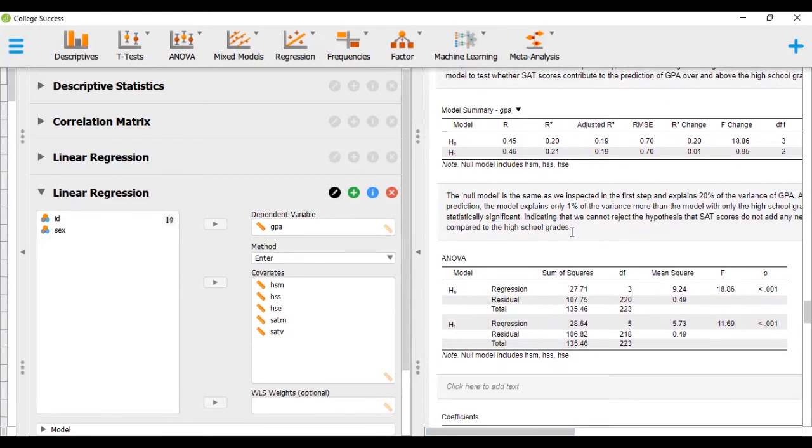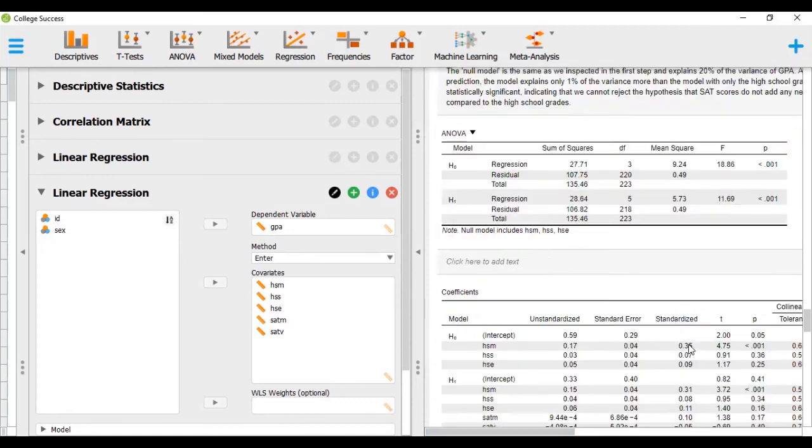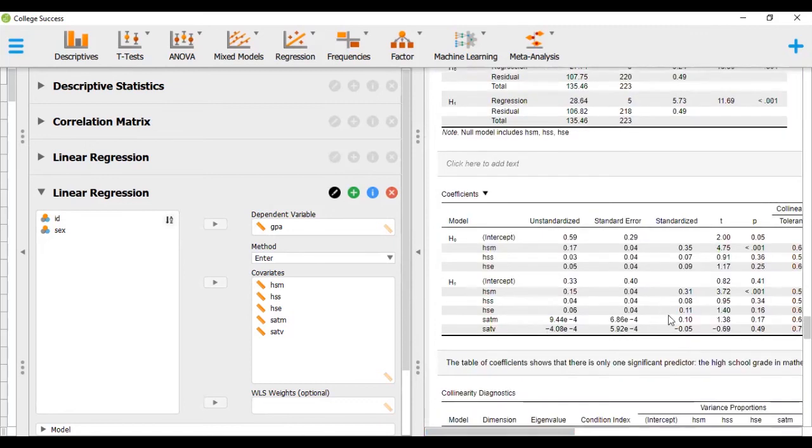Now we do an ANOVA to see if there is a difference across the board. Yes, there is obviously a difference across the board because this is significant. However, when we come to the individual ones, we realize that out of the p-values for the individual SAT scores, none of them is statistically significant.